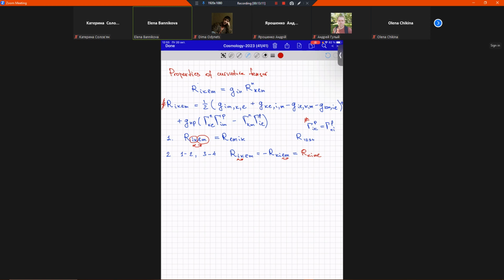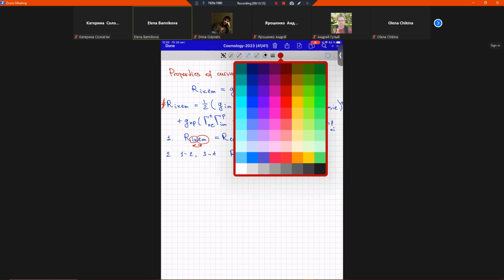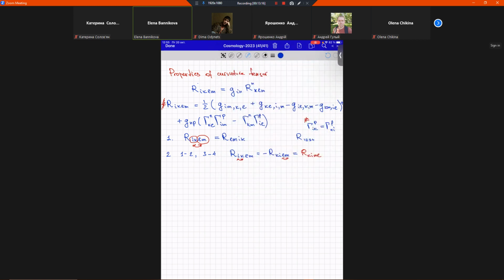The third property tells us that if we have a cyclic permutation of any chosen three indexes, the sum of the resulting tensors will be 0.